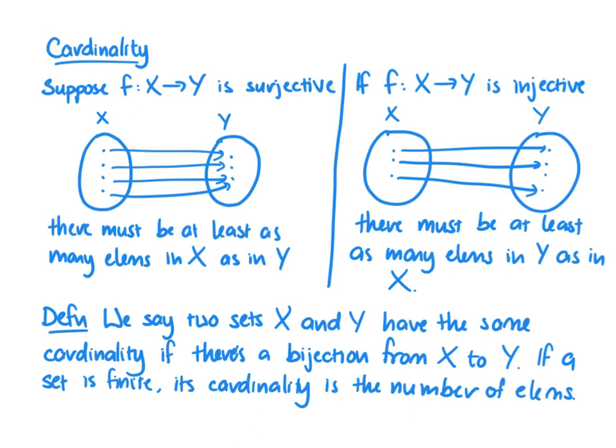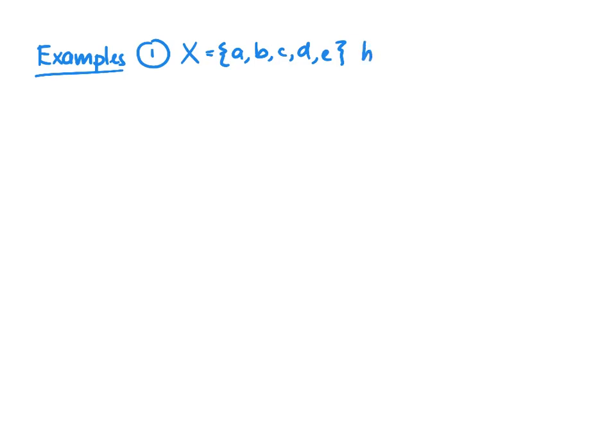All right, let's move to a new page here. Give a couple examples. So let's take this set here. X is the first 5 letters of the English alphabet. So it has cardinality 5.